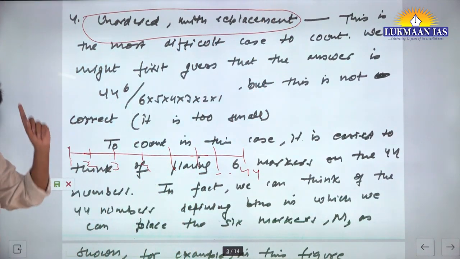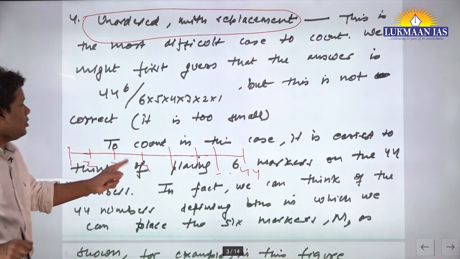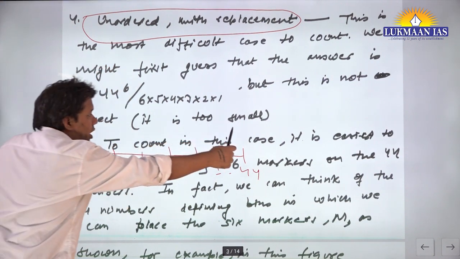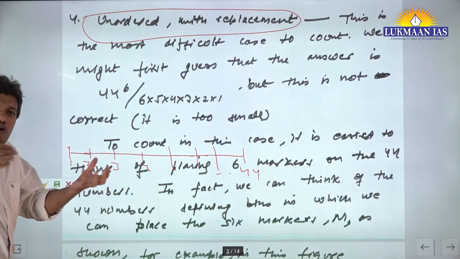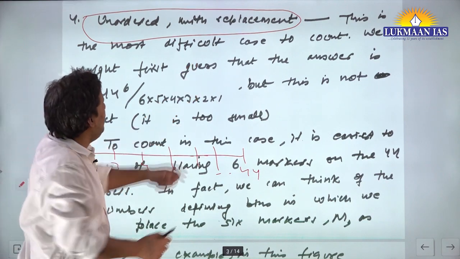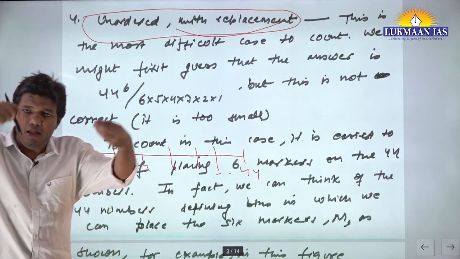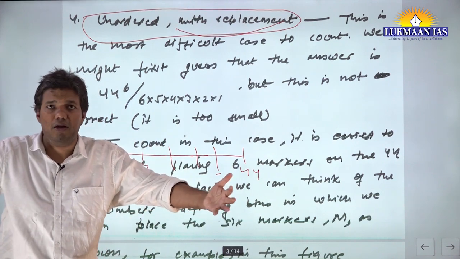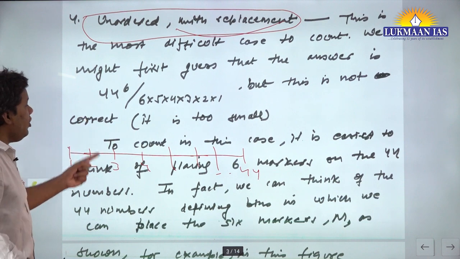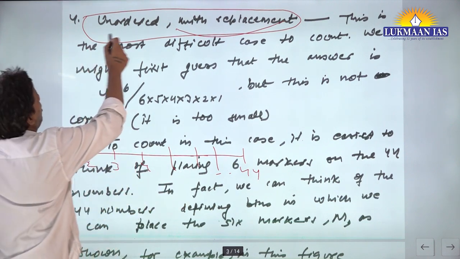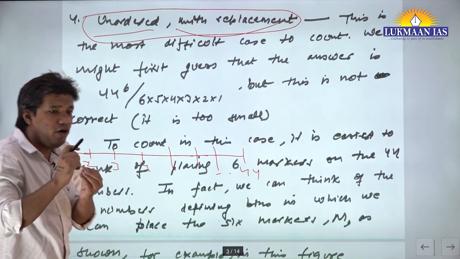Please try to convince yourself why both these cases are the same. Why with replacement? Because every time you are having 44 choices. So that covers your with replacement thing, because you are placing 6 markers and every time you have 44 numbers. Unordered, because what is the meaning of unordered? Ordered means when the ordering matters.